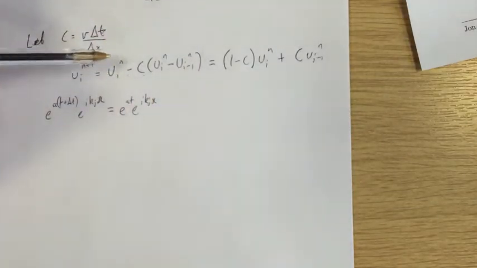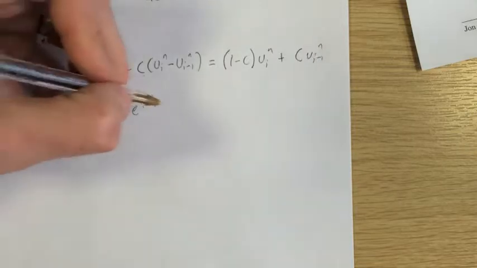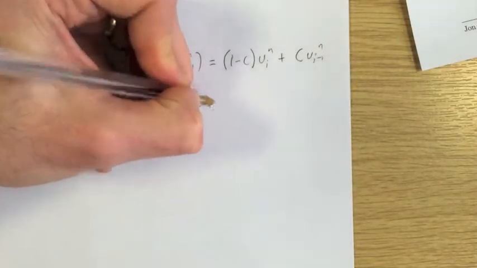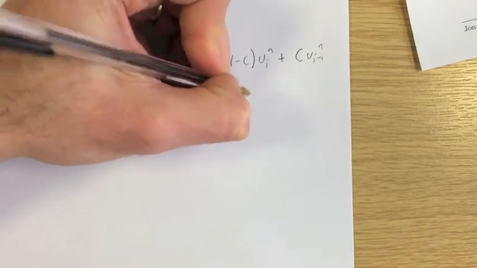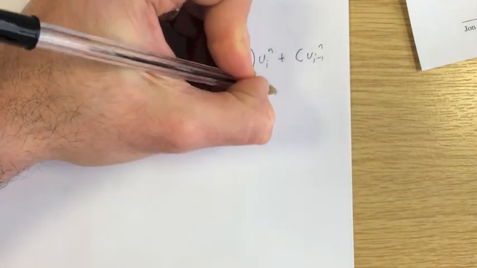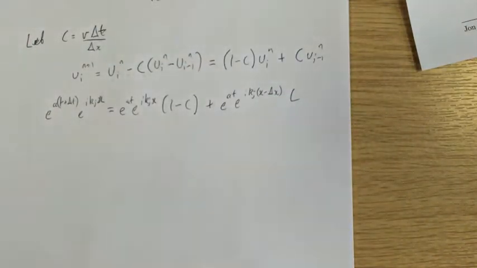So u_i^n is e to the at e to the i k x, and that's multiplied by 1 minus c, plus e to the at e to the i k j, and now i minus 1 means we have x minus delta x, and that's times c.